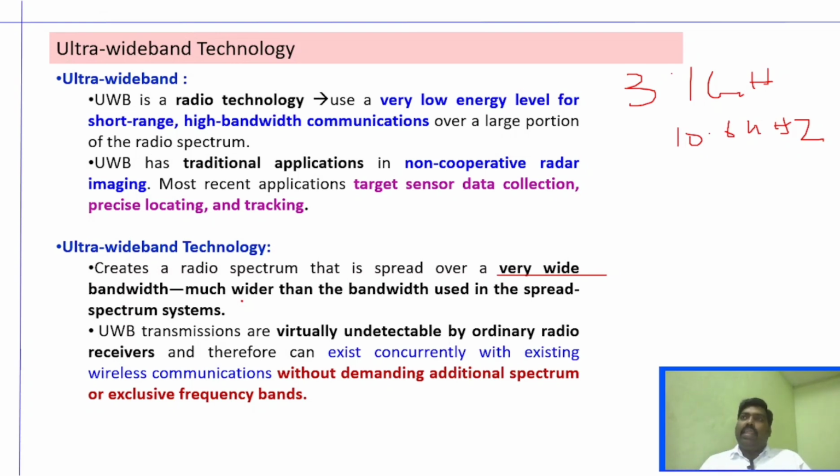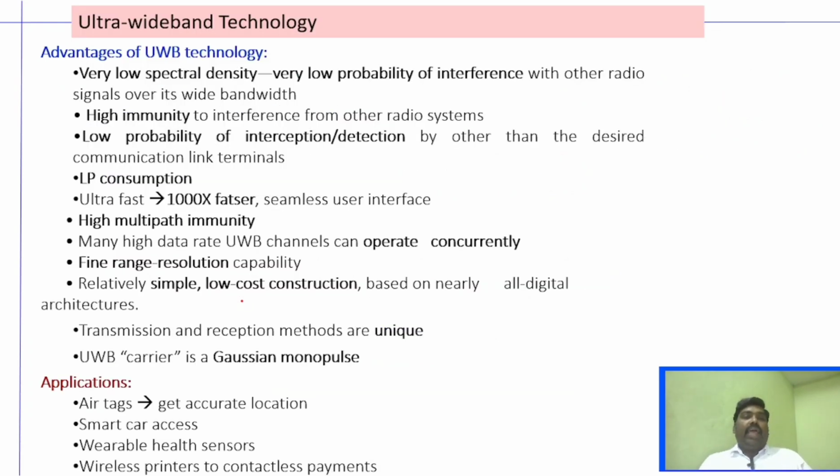It can exist concurrently with the existing wireless communication, and it cannot be easily detected, as I said before. These are the other advantages: it has very low spectral density, and because of that, the chance of interference is minimal, and it has high immunity to interference from other systems as well. Low probability of interception and detection, as I said, it cannot be easily detected.